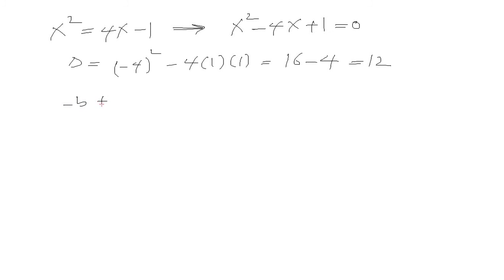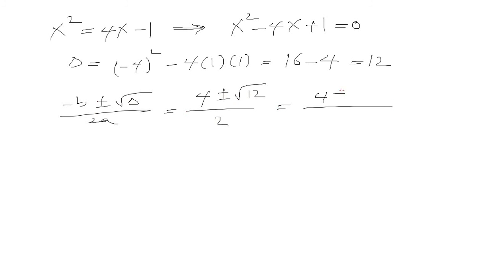Minus b plus minus radical delta over 2a. Here it becomes 4 minus b plus minus radical 12 over 2a is just 2. Radical 12 can be written as 2 radical 3 over 2.